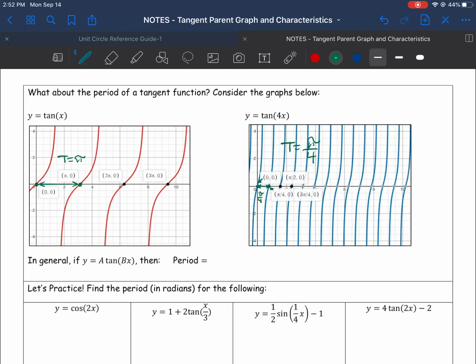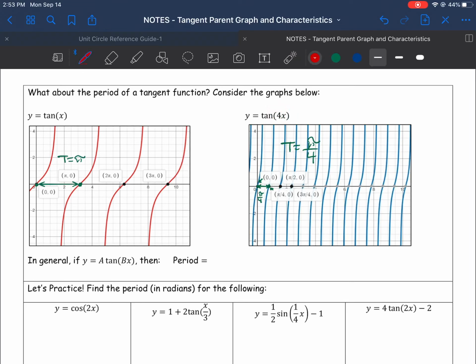So let's see if we can notice what changed here. We went from y equals tangent of x, the parent function for tangent, to y equals tangent of 4x, and the period went from pi to pi over 4. So it seems that we are taking the period for the original parent function, which is pi, and dividing it by this coefficient 4, because pi divided by 4 gave us a period of pi over 4.